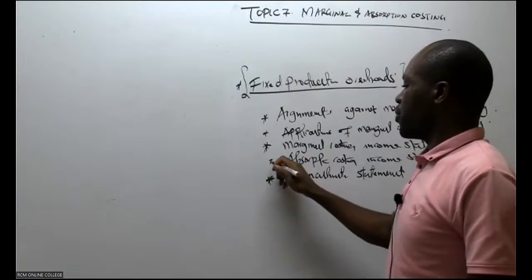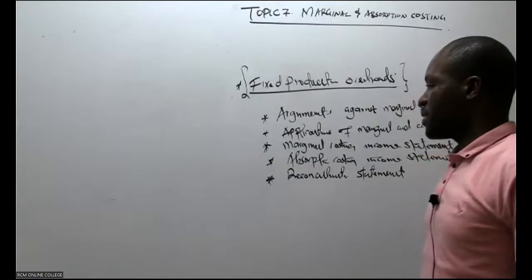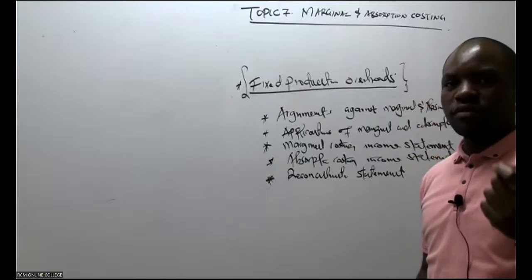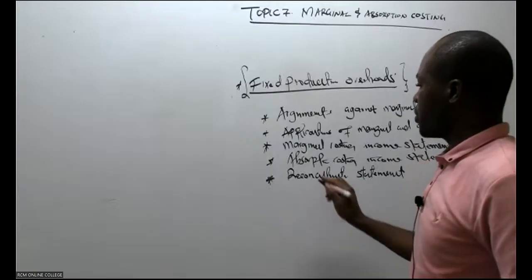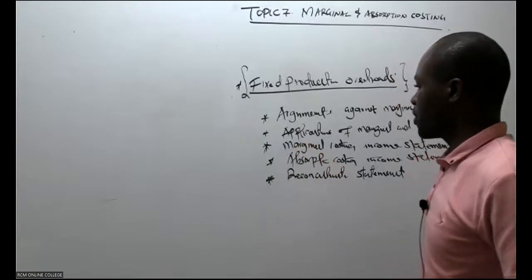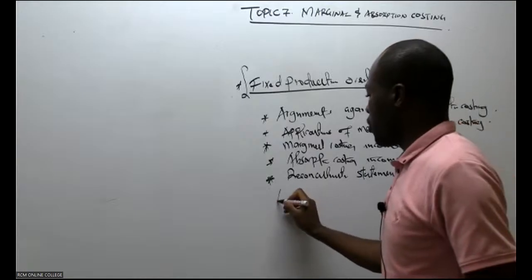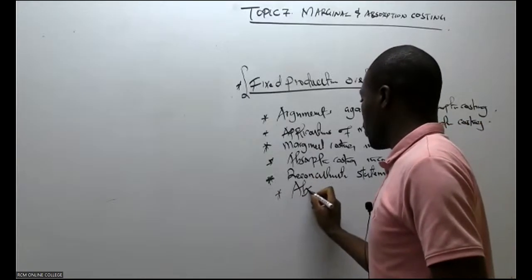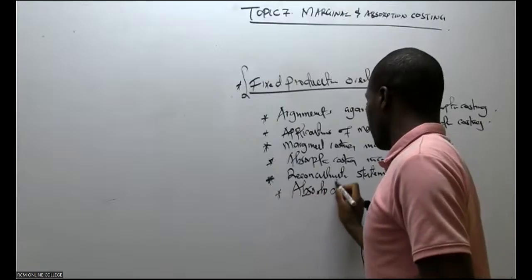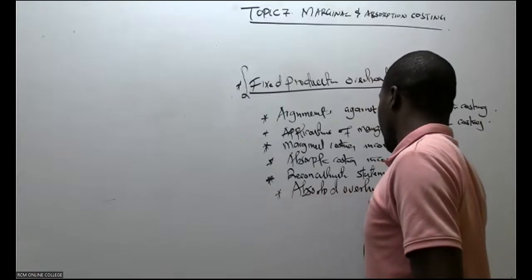So you must be able to come up with the reconciliation statement. You must be able to prepare the income statement as per absorption and marginal costing. Then in the process of preparing the statements, we are going to meet these terms: absorbed overheads.